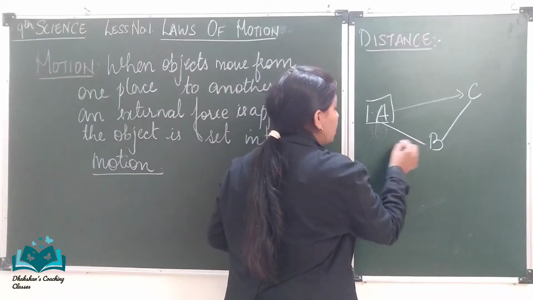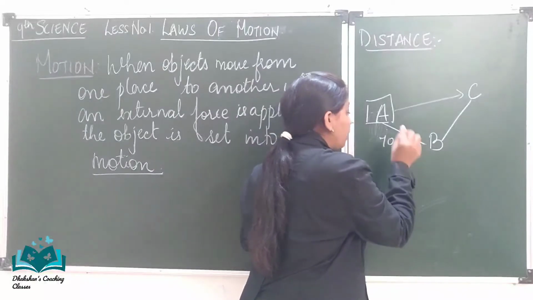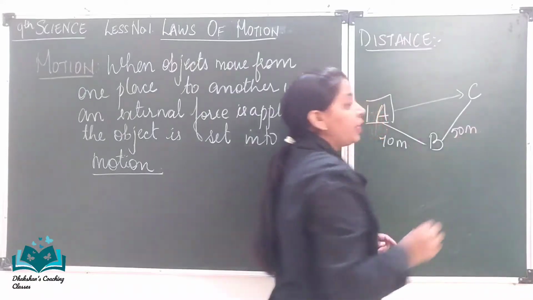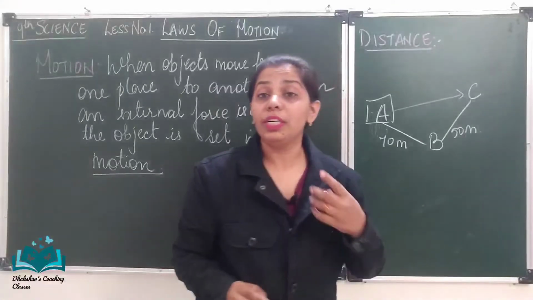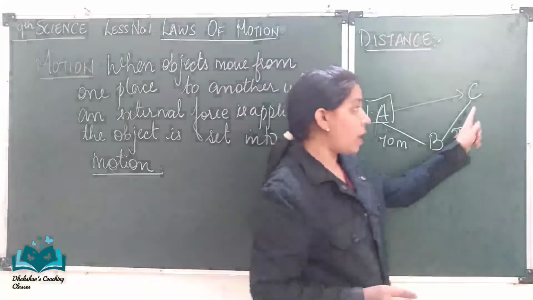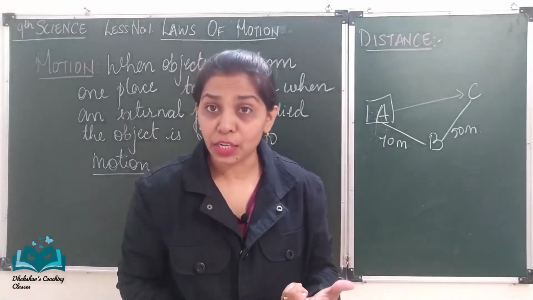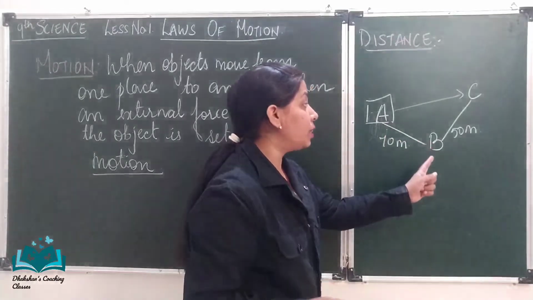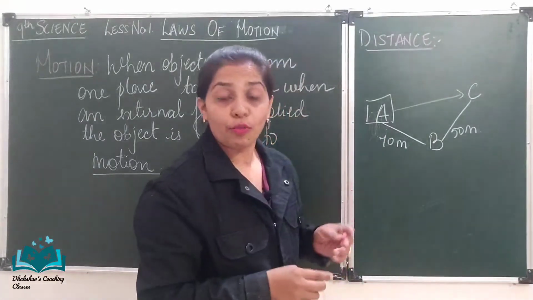So this much is, say for example, 70 meters. This is say 50 meters. So how will you define distance? Distance is the actual path that I travel to reach my destination. So I travel from A to B and then B to C. So what will be the total distance of my travel?